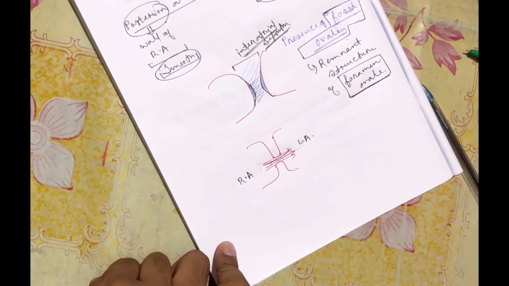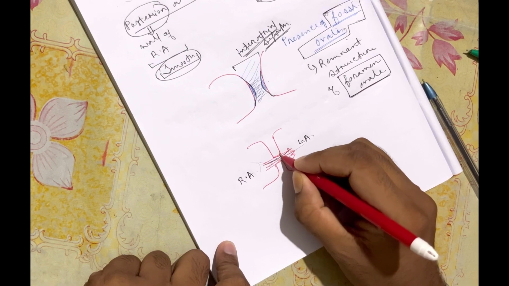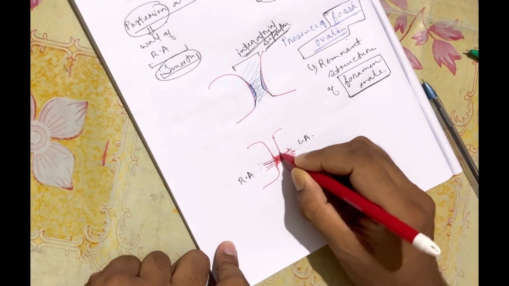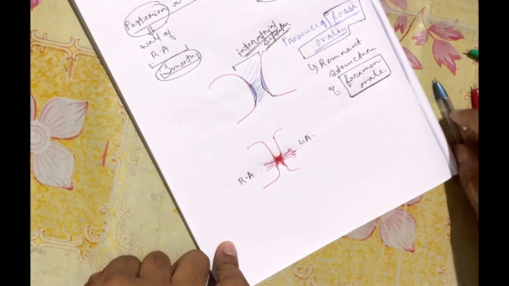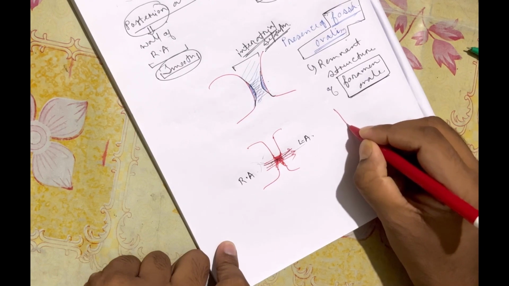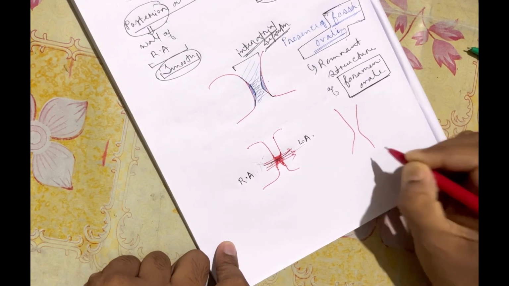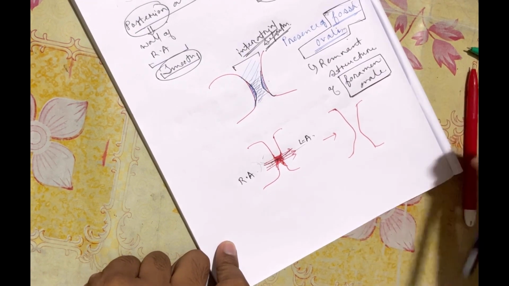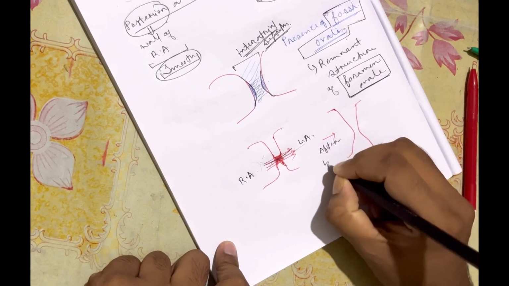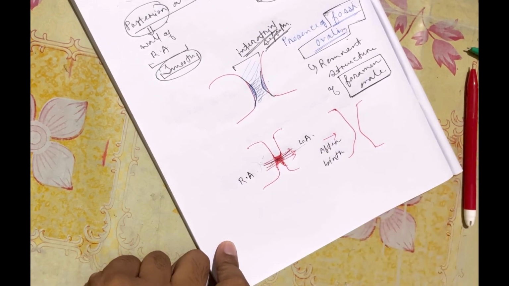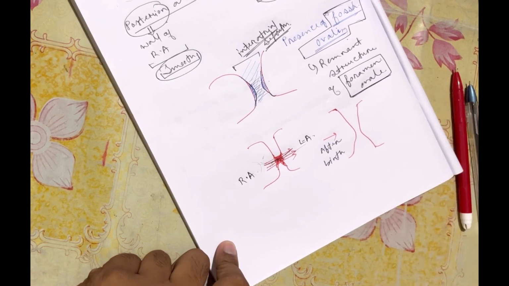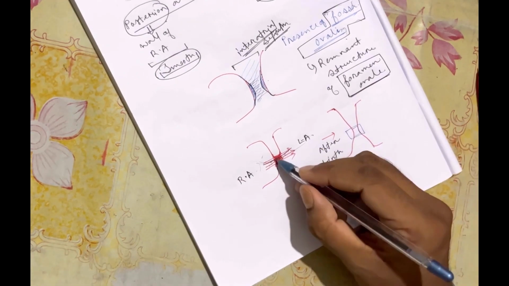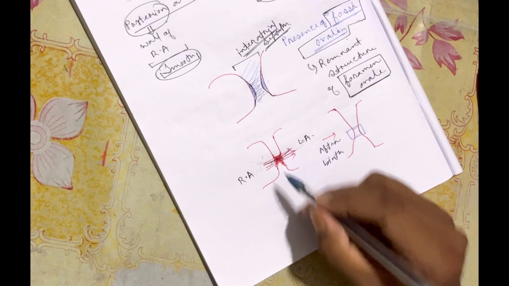But just after delivery, or just after birth, what will happen? That hole becomes closed and leaves a small depression. The hole closes after birth, but it leaves some depression because of the closing of that hole.